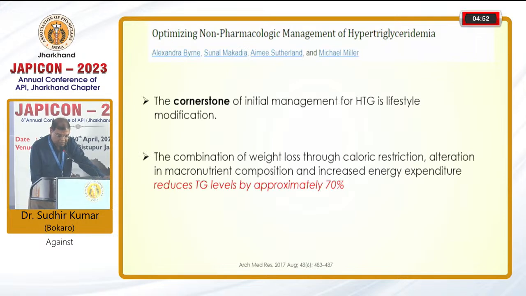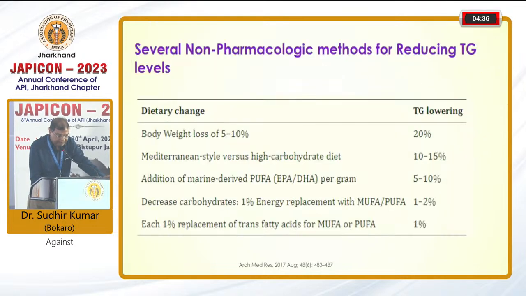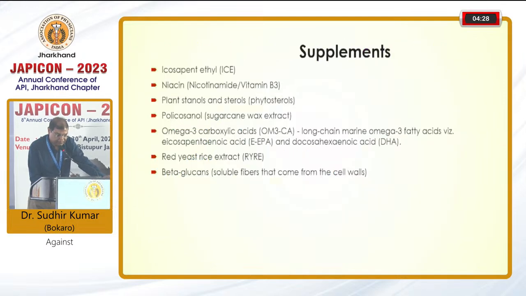Now, non-pharmacological management of severe hypertriglyceridemia. The cornerstone of initial management of STG is lifestyle modification, and a combination of weight loss through caloric restriction, alteration in macronutrient composition, and increased energy expenditure reduces TG level by approximately 70%. So body weight reduction and all those dietary changes can reduce TG by up to 40 to 50%.